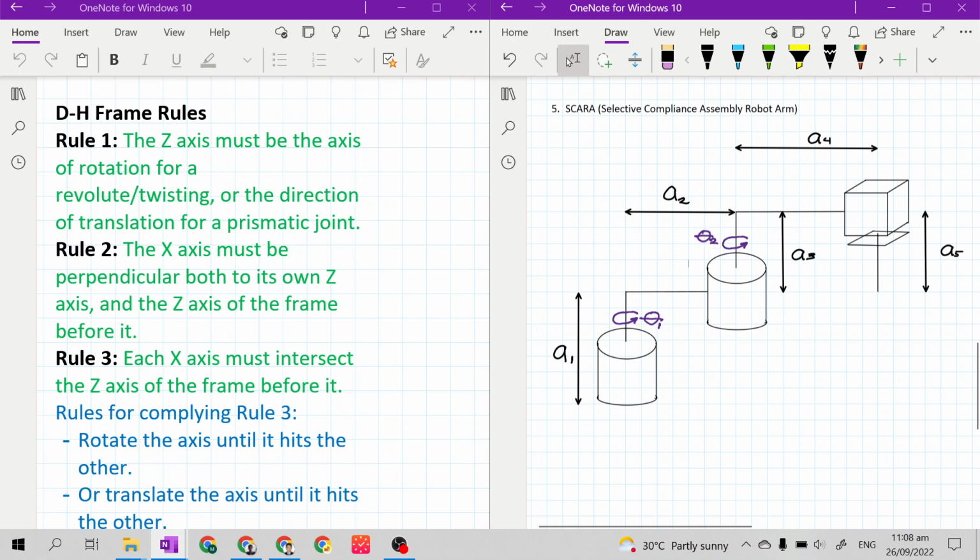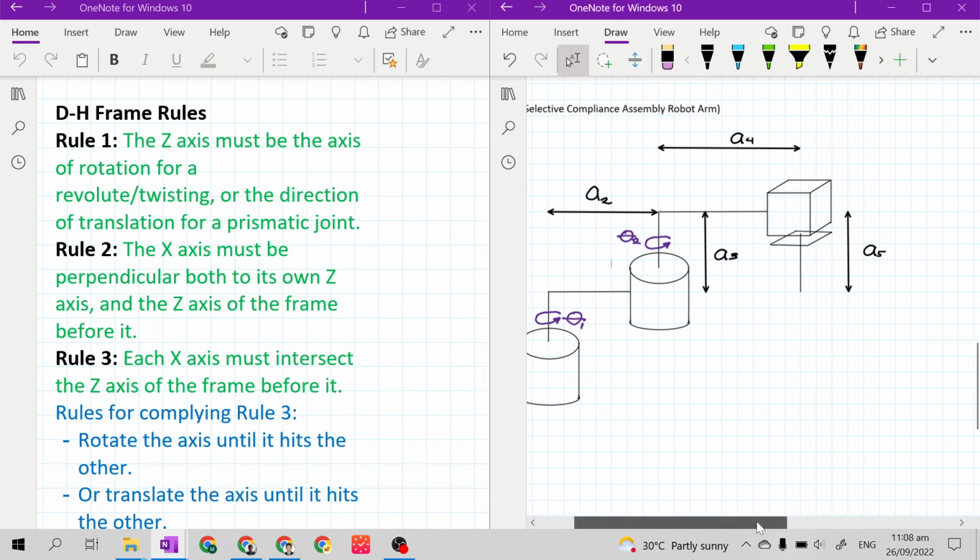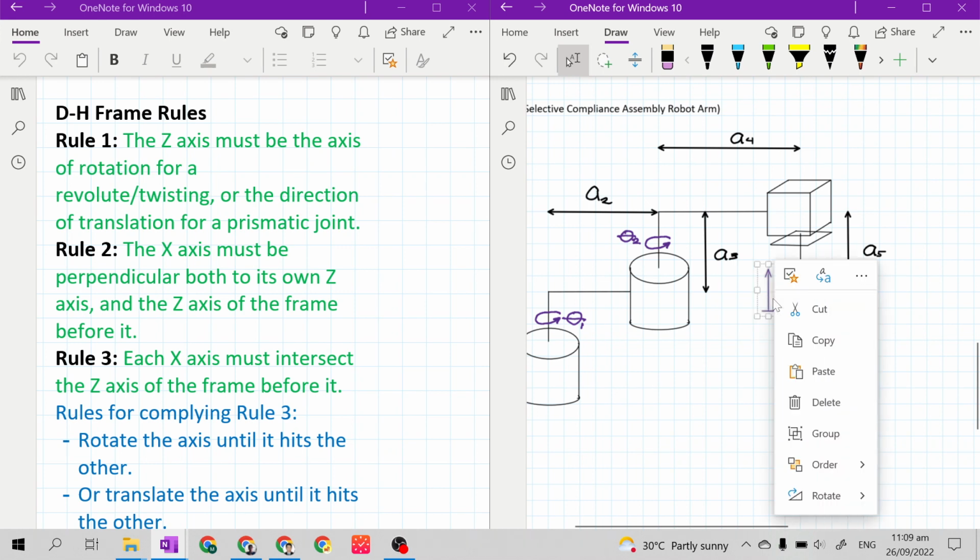Next, for our prismatic joint, we need this symbol or indicator.